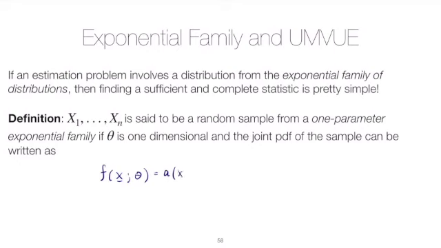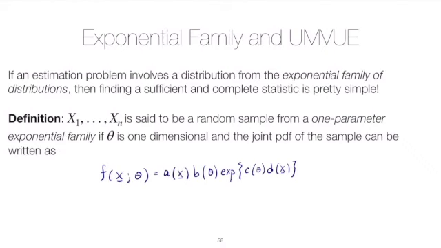The first function being just a function of x's. A second function being a function of just the parameter. And then a third and fourth function sitting inside of an exponential. So e raised to some third function that's just a function of the parameter, and a fourth function that's just a function of the data.